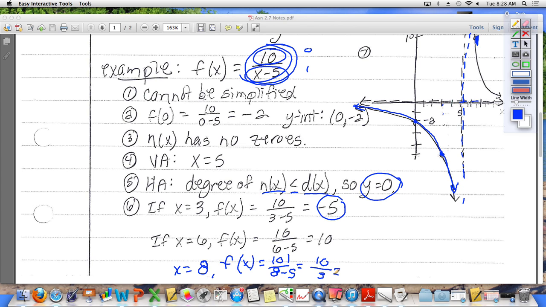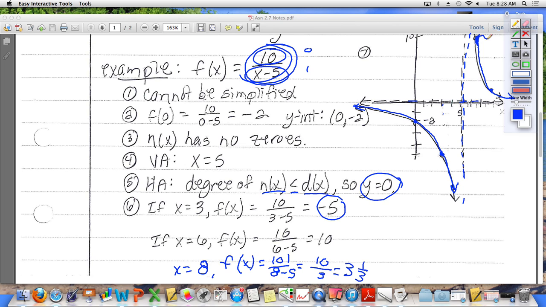So 10 divided by 3 is 3 1/3. So I know that if x is 8, I have a y value of 3 1/3. So I go over here to 8, I go up to 3 1/3, and we'll say I'm obviously drawing this very freehand right now. We have another point about right here. Well, remember, this is an asymptote. So again, this graph is going to approach that asymptote. It's going to look like this.